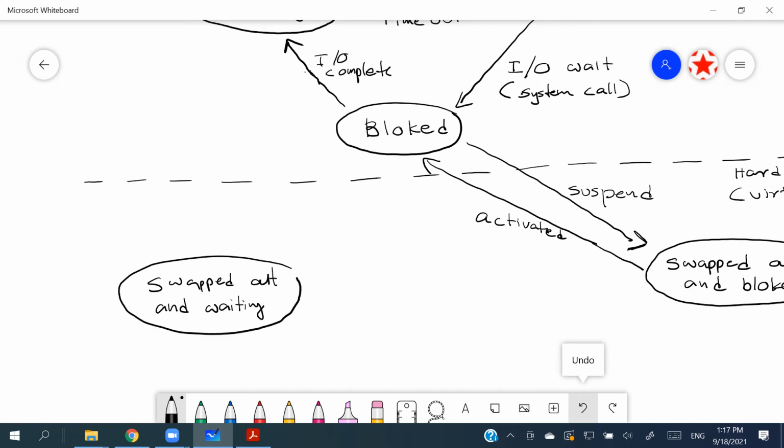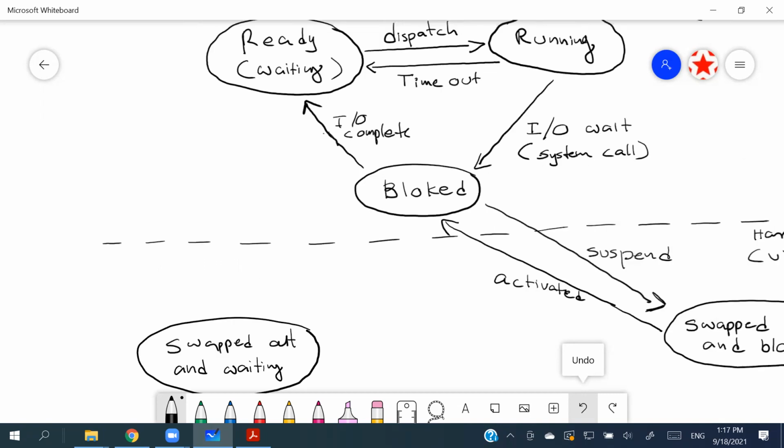Now this state is for the waiting processes. Again, if the RAM or main memory needs to be freed, the waiting processes will be suspended and given the state swapped out and waiting. So where is it going to be suspended? To the hard disk. Later, if the crowdedness is reduced, it will be activated.